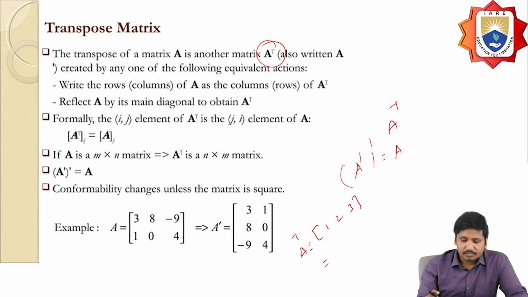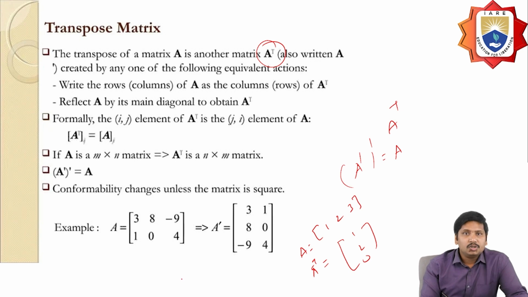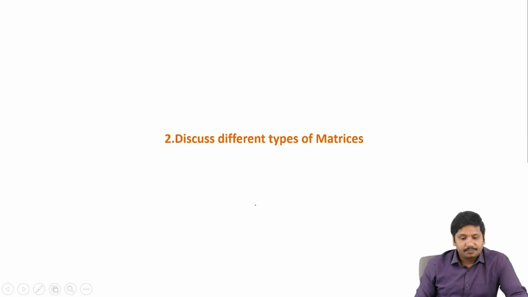So the transpose is 1, 2, 3. In this example, the matrix is of 2 by 3 size. After the transpose, the rows become columns. That is the transpose of the matrix.